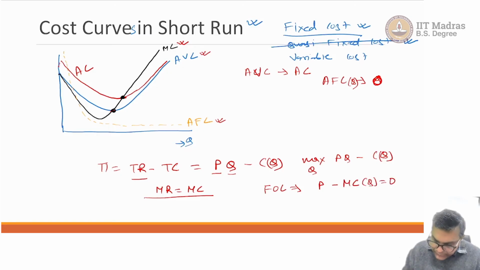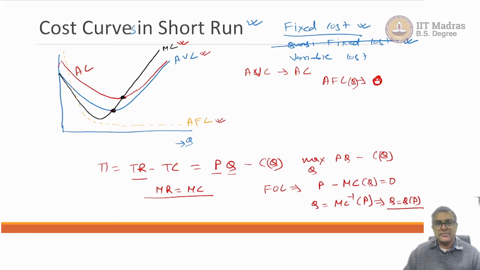Or in other words, we can say Q is a function of P. So how many units should a firm supply? It should depend on its marginal cost. That's what we have. So basically what we are saying is that, when we are doing the supply function, right at the beginning I told you that we have these two axes.